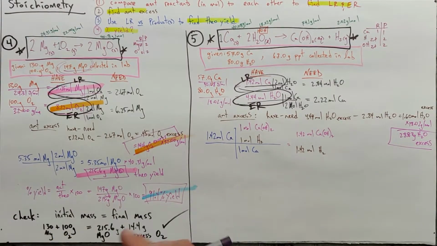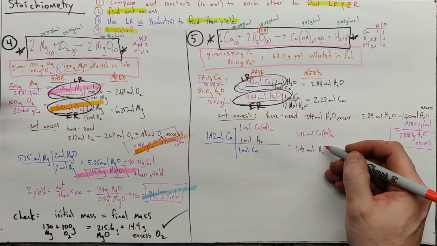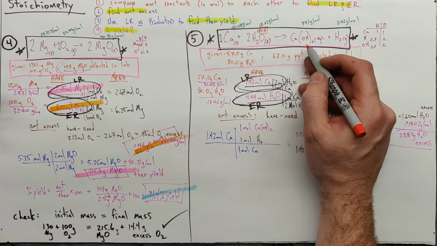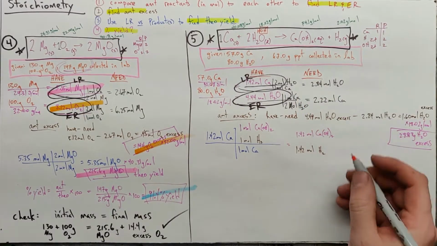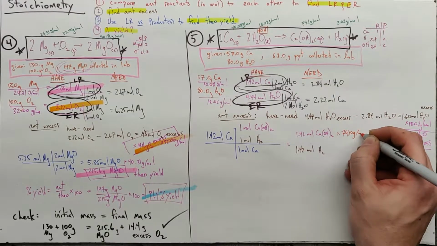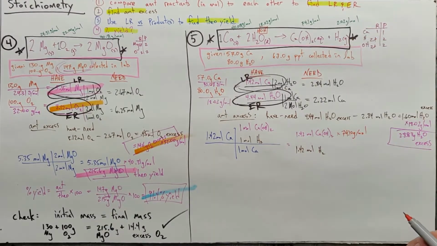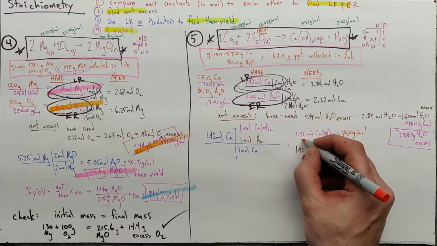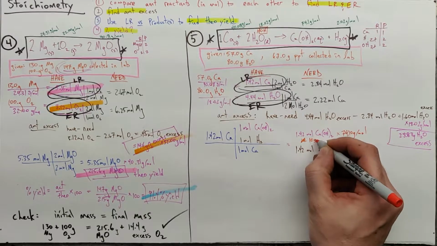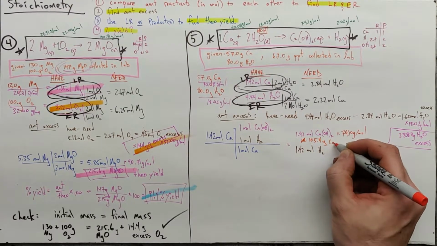As I said before, it'd be nice if we could turn this into grams. We'll do that by multiplying by molar mass. For calcium hydroxide, it's 74.1. I added up 1 calcium and 2 oxygens and 2 hydrogens. So we'll multiply by 74.10 grams per mole. And again, that's the molar mass of calcium hydroxide. Should give us 105.4 grams of calcium hydroxide.